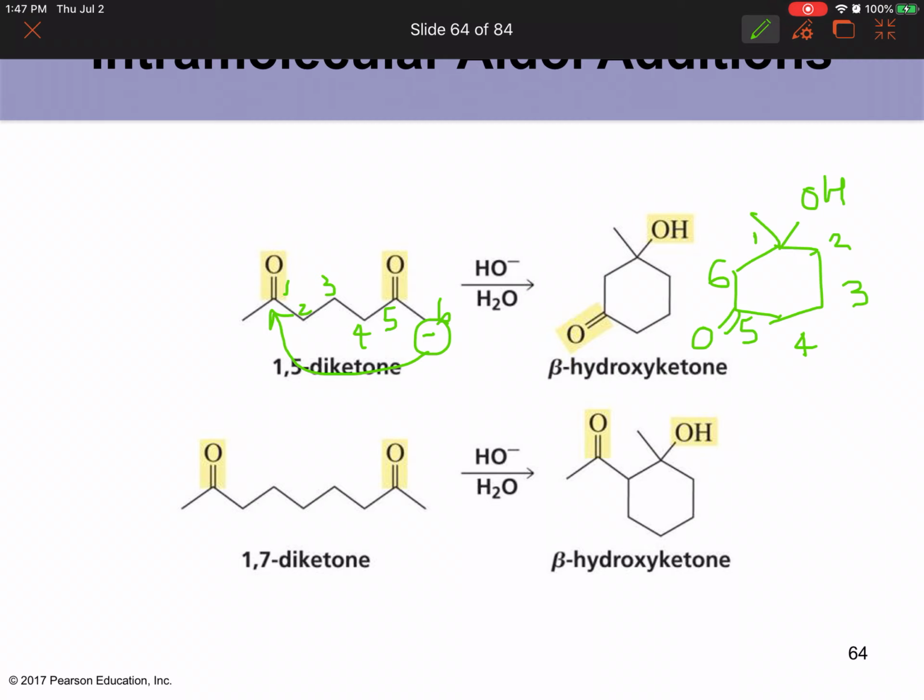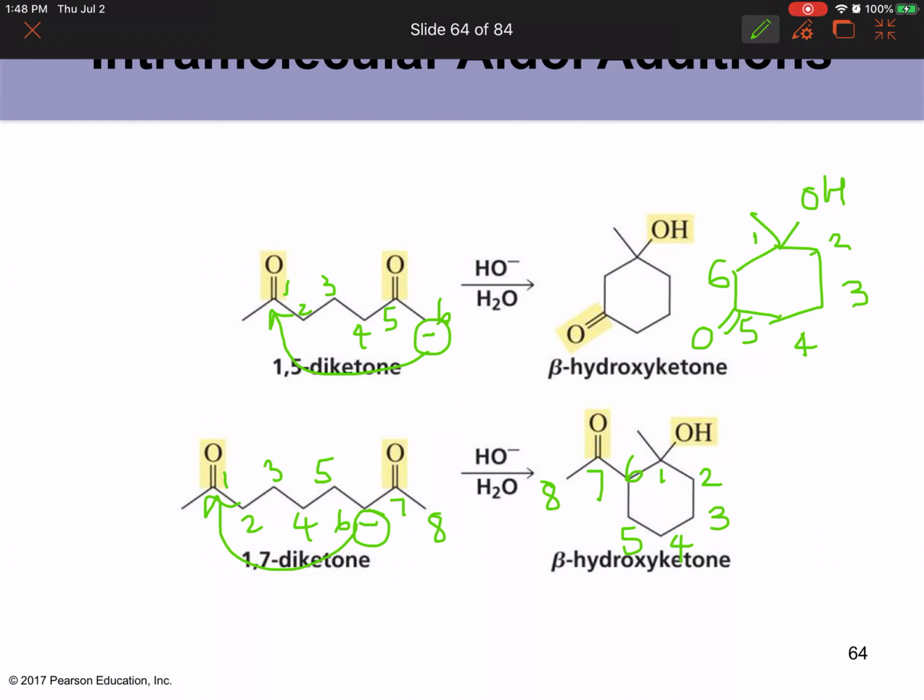And with a 1,7-diketone, you will form the carbanion over here. 1, 2, 3, 4, 5, 6. 6 and 1 form the bond.